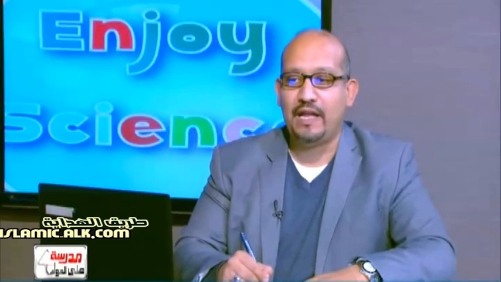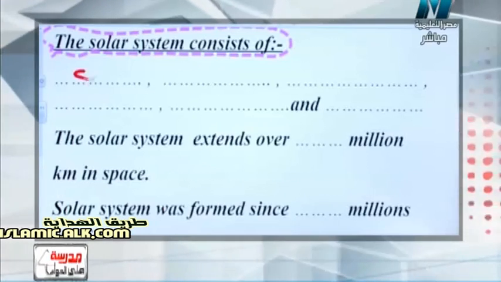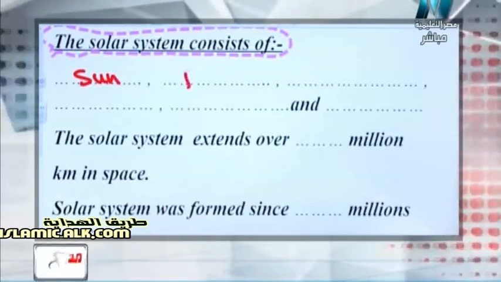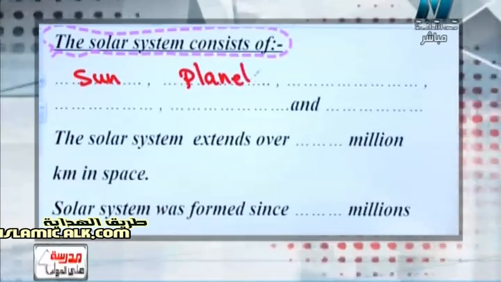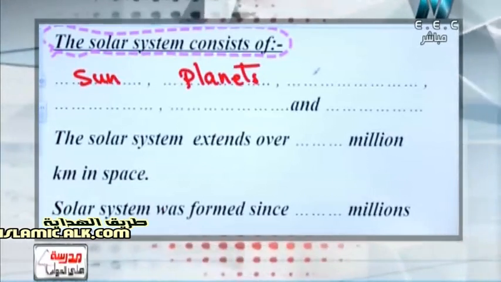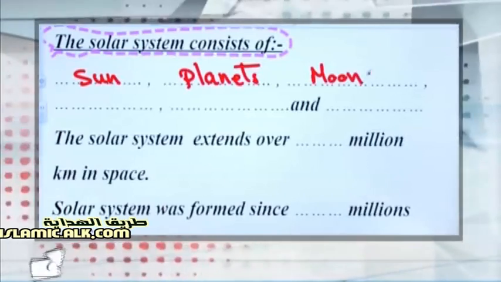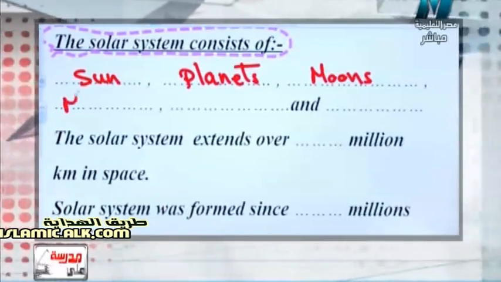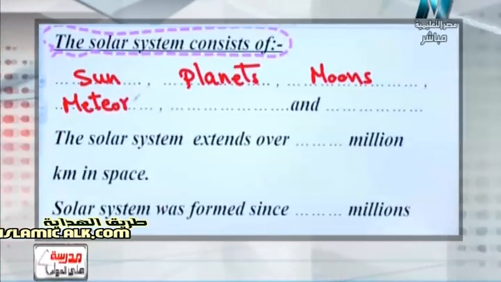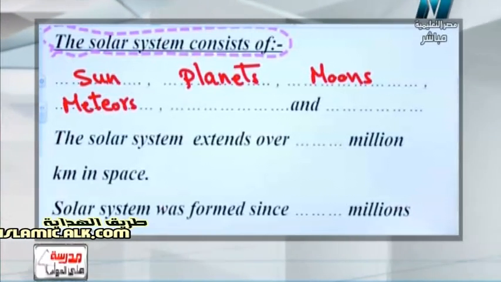Okay, continue. So here we will start with this part on the monitor: the solar system consists of what? The sun, planets, which we studied before in first prep, moons, meteors, asteroid belt, meteoroids, comets.